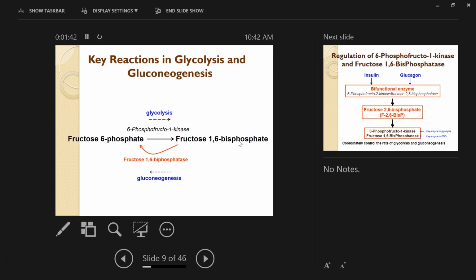And the other enzyme, which is a key enzyme in gluconeogenesis, is fructose 1,6-biphosphatase, right? Now we're going to talk about how this pair of enzymes in two different pathways are regulated.